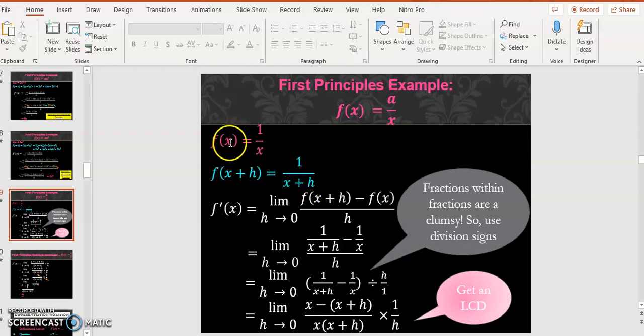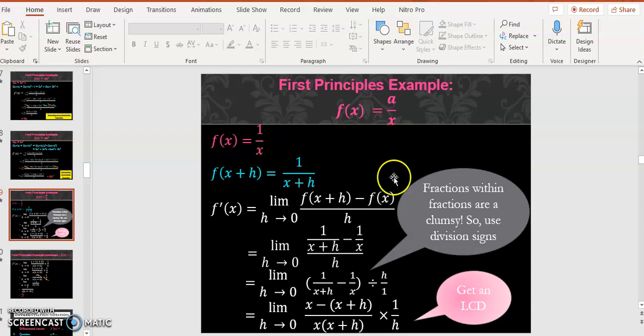The same applies to this. So this f of x is the machine. You put x plus h into it, you get 1 over x plus h. If you put x into a machine, you get 1 over x. What is the meaning of the machine here? The machine is telling us that whatever you put into the machine, you should get 1 over it.